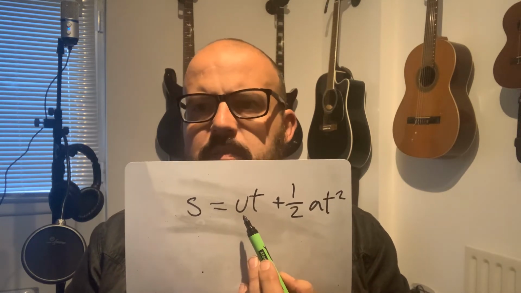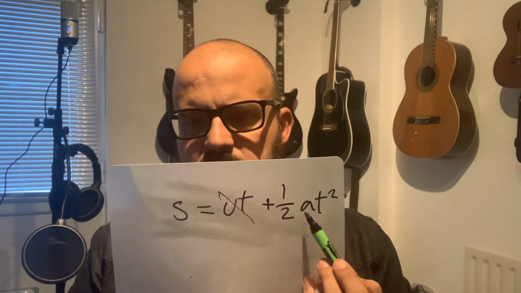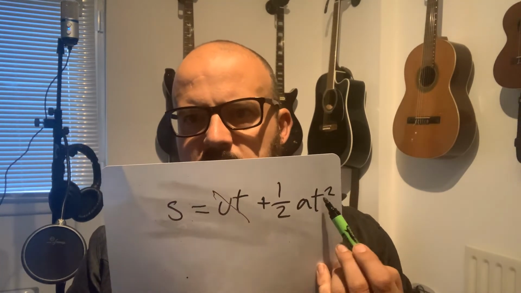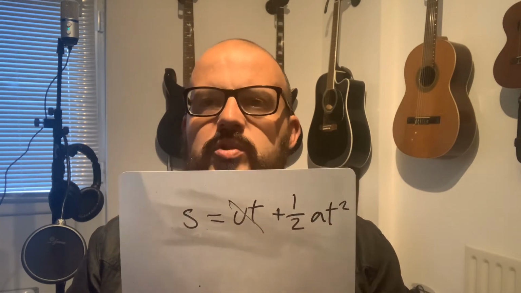The ball bearing isn't moving at first, so I can forget that bit there. That's 0. So I've got half times G, times T squared, which we know we have values for, and S, we also have values for.